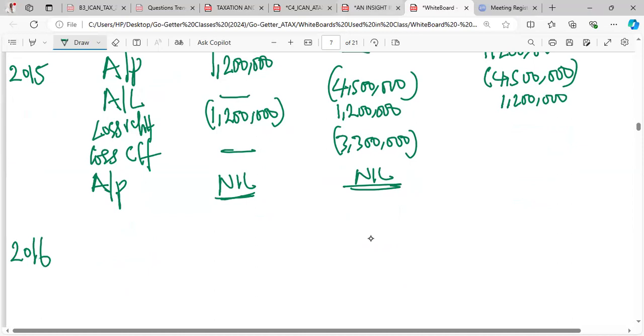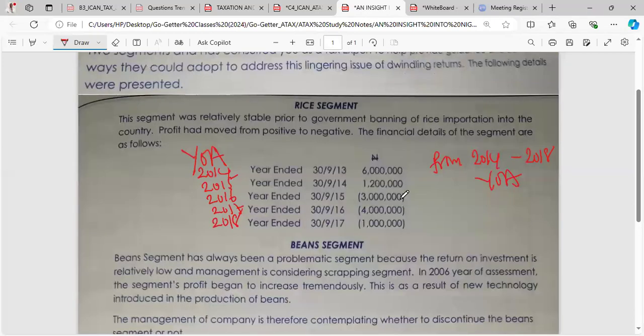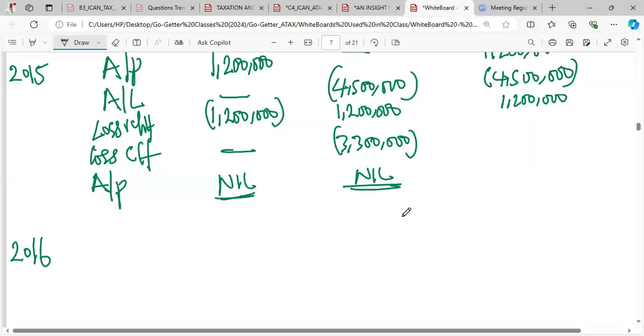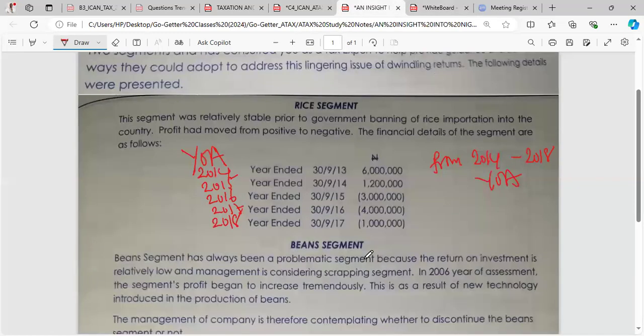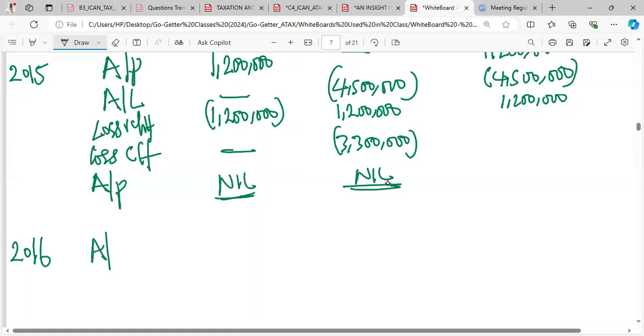2016. For rice, what happened in rice? Rice now made a loss, 3 million. Wow. Meanwhile, beans made a profit of 1.5. So I have accessible profit 1.5, accessible loss 3 million.